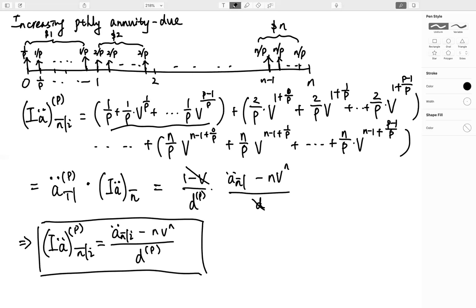Just as what I claimed, now you just need to divide it by D upper P. Right? So of course we handle the present value.